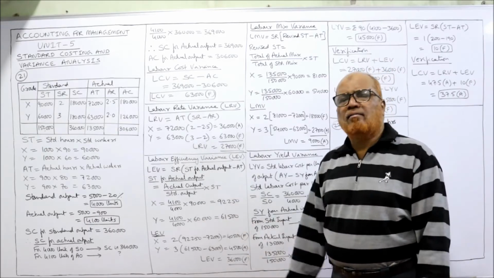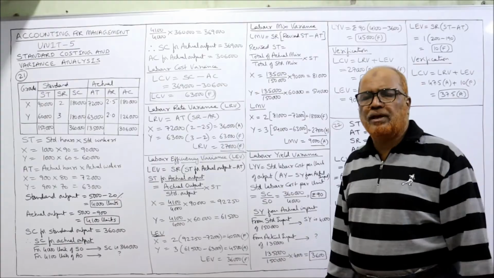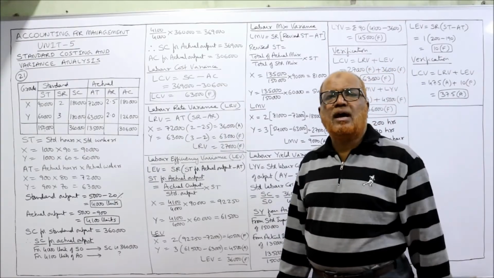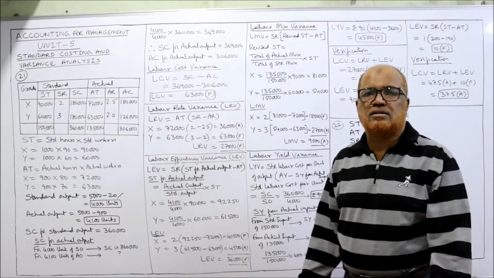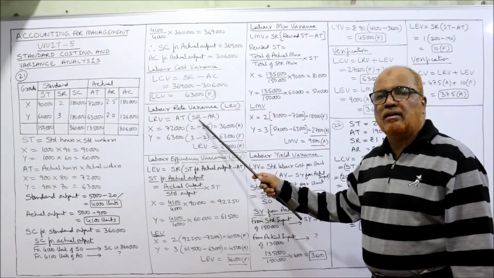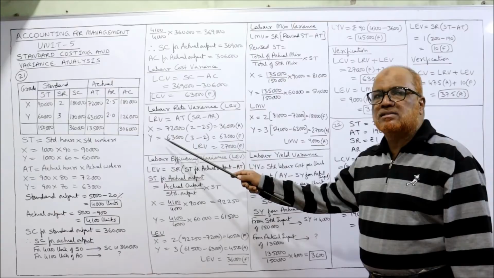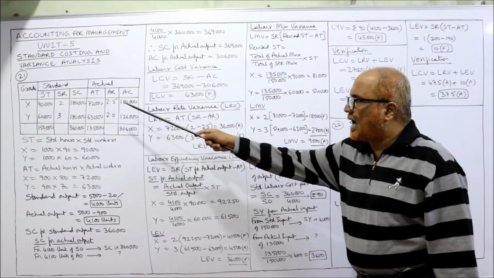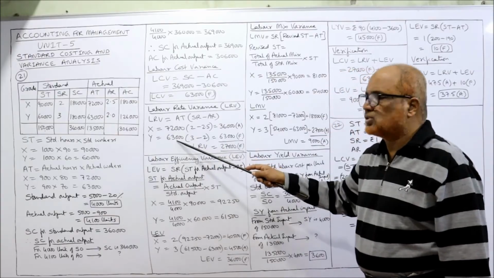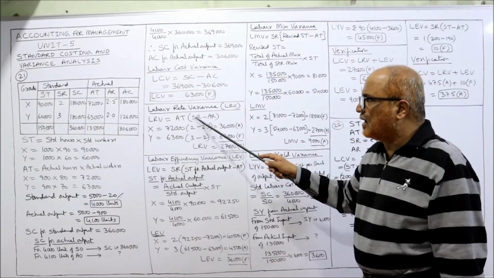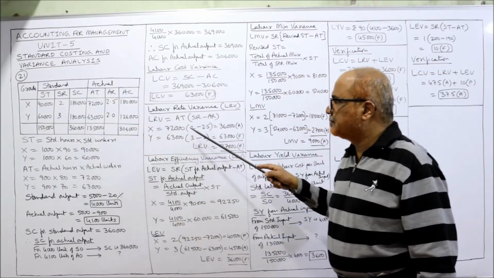Now easily we can calculate LRV, no complications. LRV, the formula is actual time into standard rate minus actual rate. Now X and Y. For X, what is the actual time here? 72,000 and 63,000. Standard rate 2 and 3.